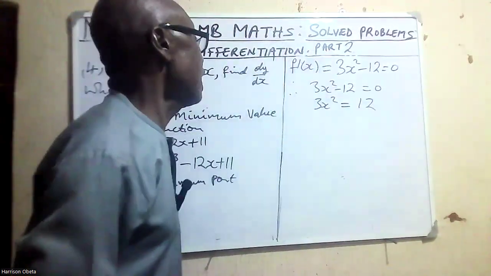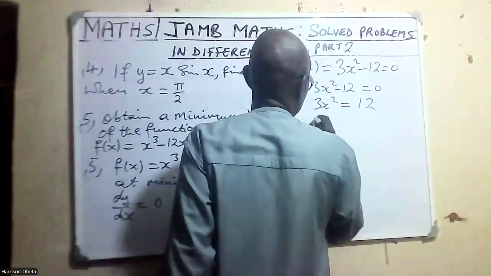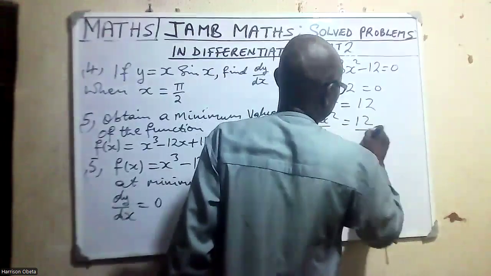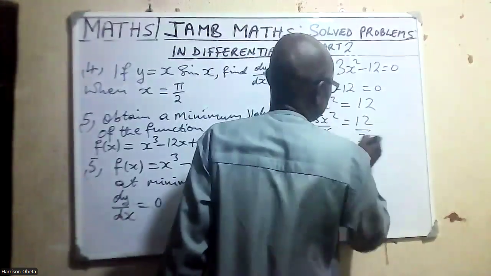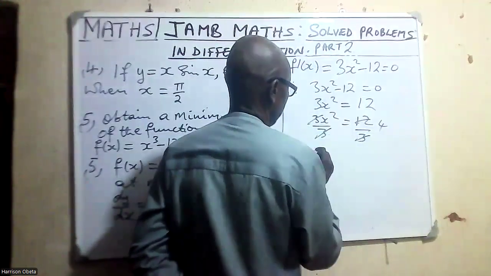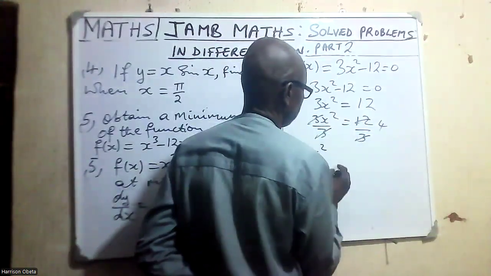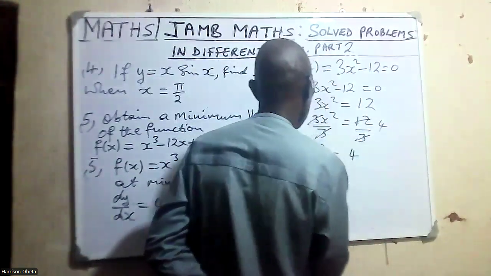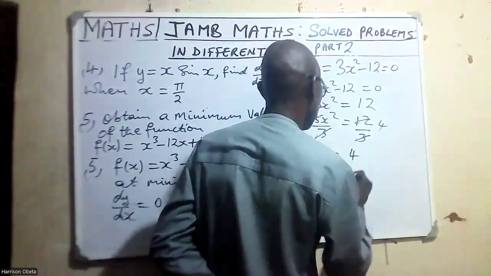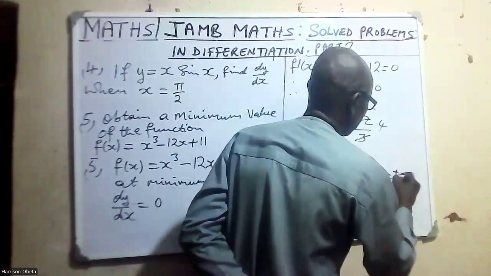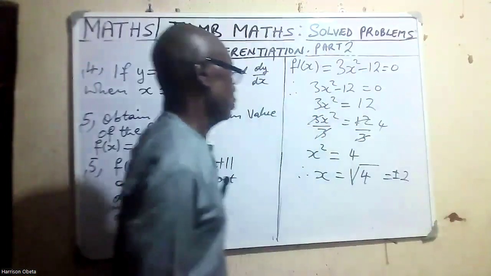We divide both sides by 3. So 3x squared over 3 equal to 12 over 3, and this is 4. So we have x squared is equal to 4. Therefore, x is equal to the square root of 4, which is plus or minus 2.